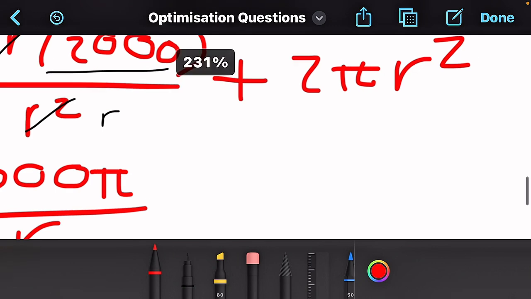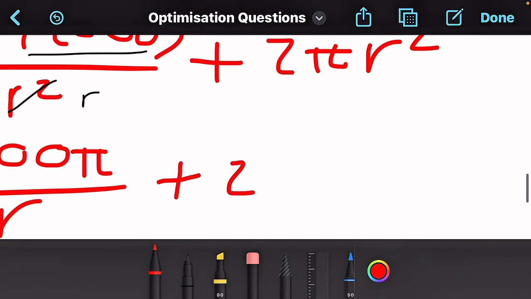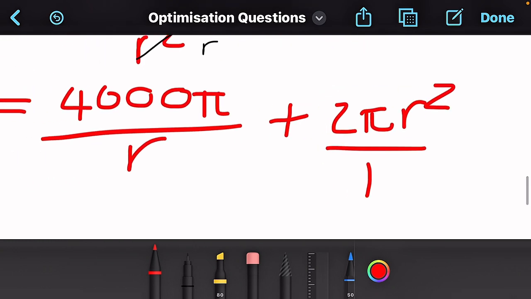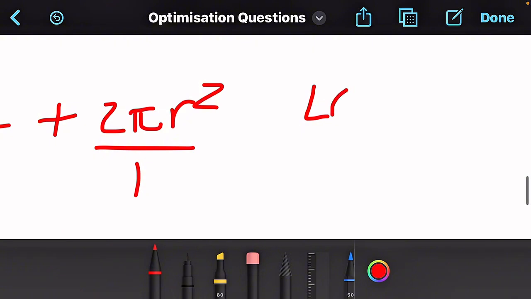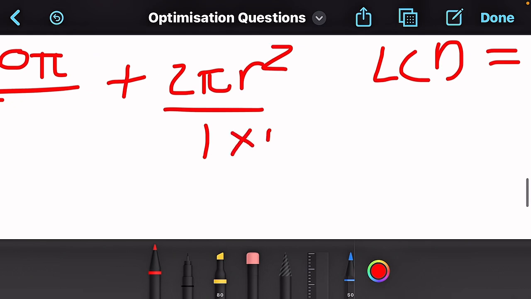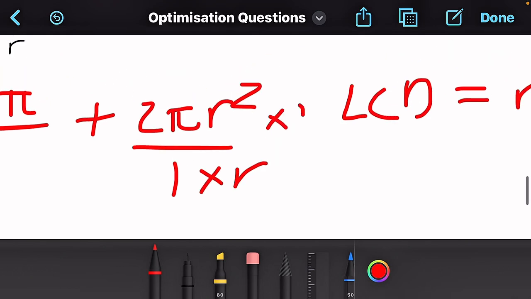And then there's nothing to simplify over there, so we leave it as 2 pi r squared. I want to say over 1 because we will want to find the common denominator, the LCD. The LCD here is going to be equal to r. Which means that we'll need to multiply by r here and multiply by r here.